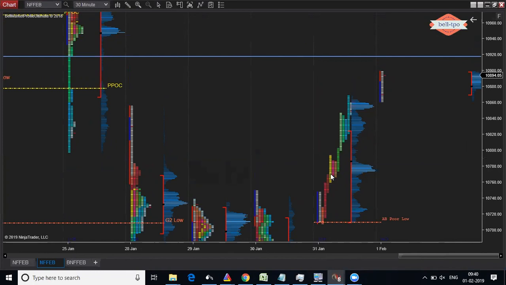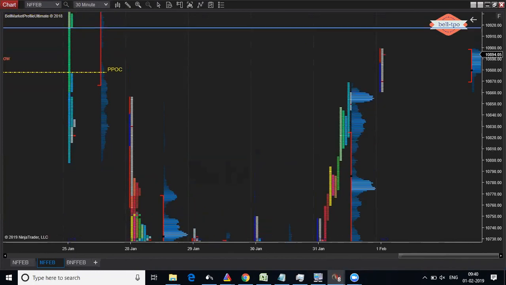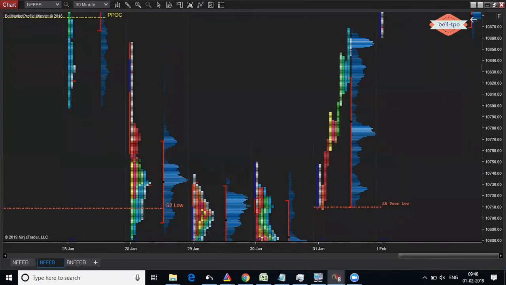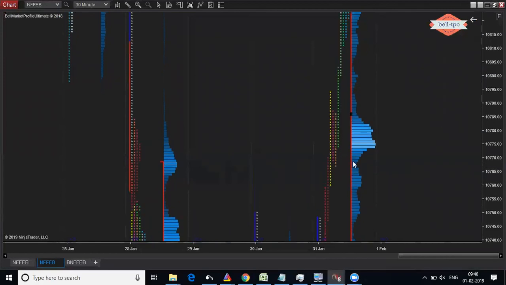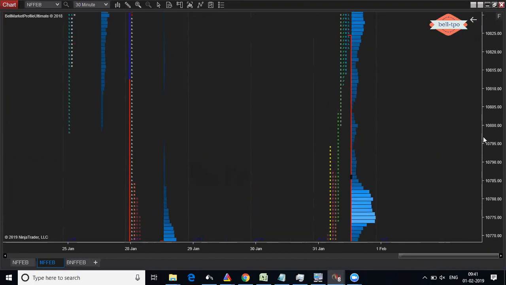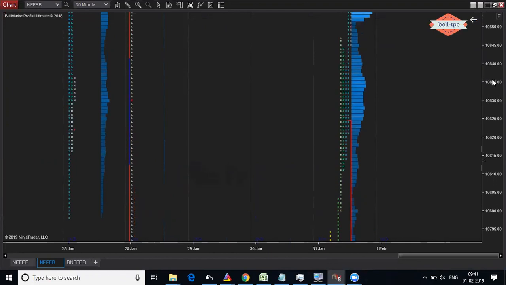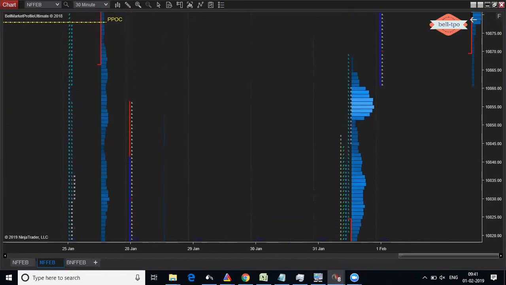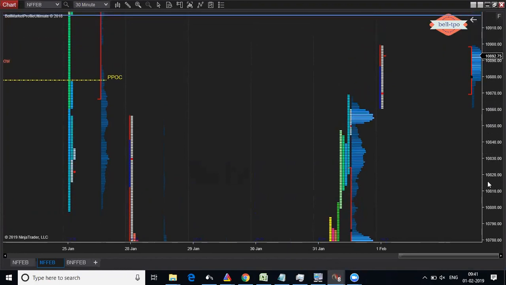One time framing, one time framing, one time framing. It stops over here just once, at the G period. At the G period, the one time framing stopped, and again the one time framing started. So it is a kind of trend day. The trend day continued throughout the rest of the day. Hardly did it break the one time framing, just once.